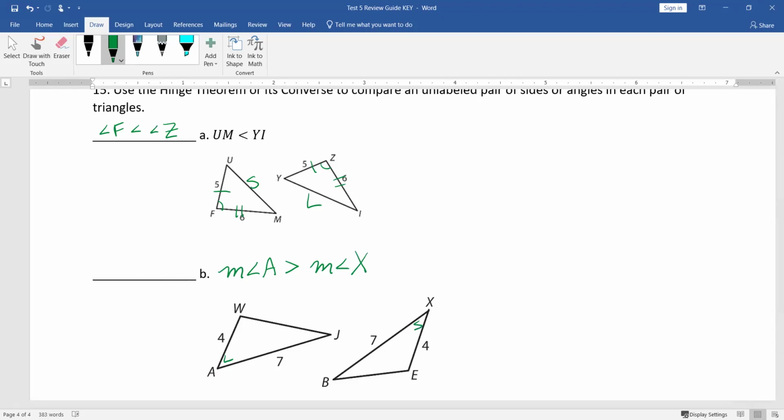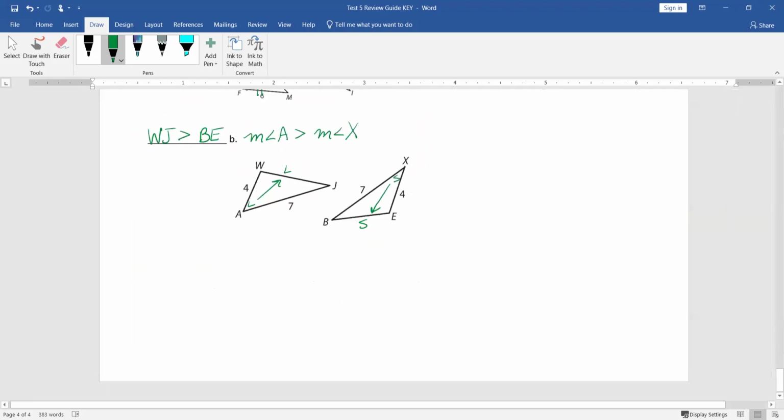So what sides do we compare here? WJ and BE. So side WJ is what compared to side BE? It's greater than. The larger angle gives us the longer side. The smaller angle gives us the shortest side. Opposite. Is that it? I think that's it.